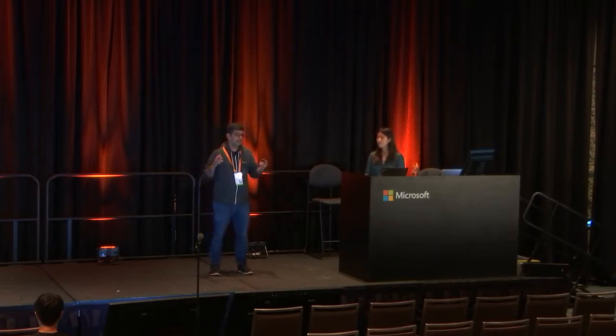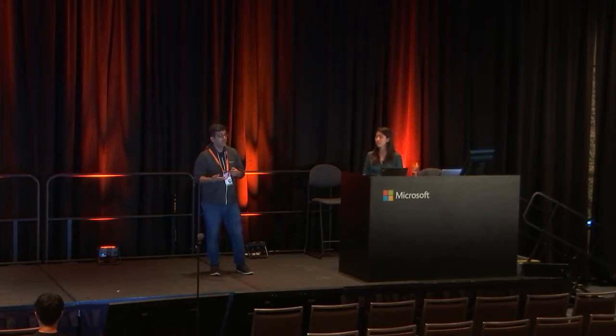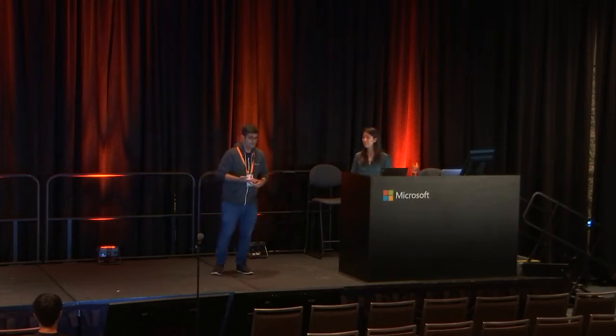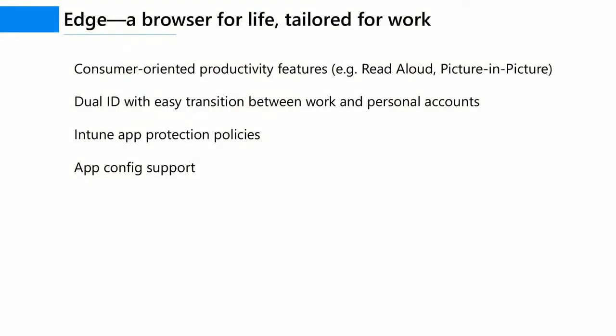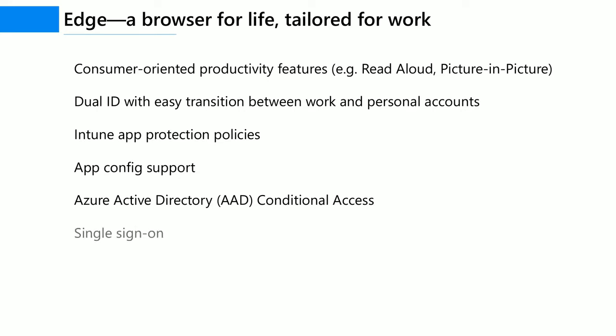We have app config support, so you would want your users to have a specific out-of-box experience when they get the browser, right? You would want allow lists, block lists to work. You probably want the homepage to look a certain way. Edge provides all of those capabilities. We support conditional access, so you can ensure that all the sites that you want to secure can be routed to be browsed only within Edge.